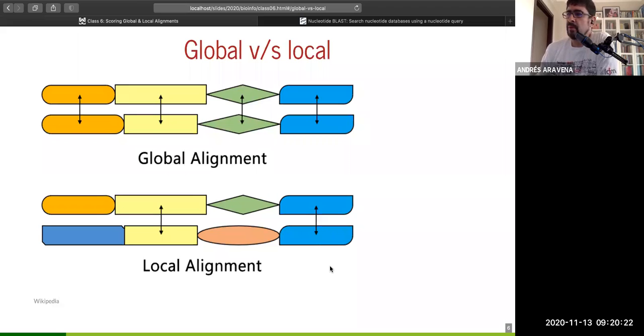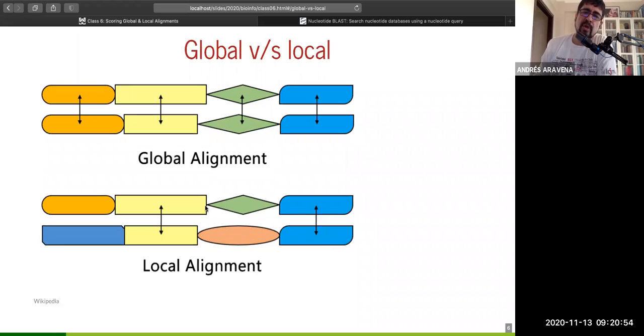Now the point to keep here is that you may have more than one partial alignment, more than one, what is the name? High scoring pair, that is the technical name. Here, you have an alignment here and an alignment here. And these are two alignments in the same query and subject, okay? That can happen.